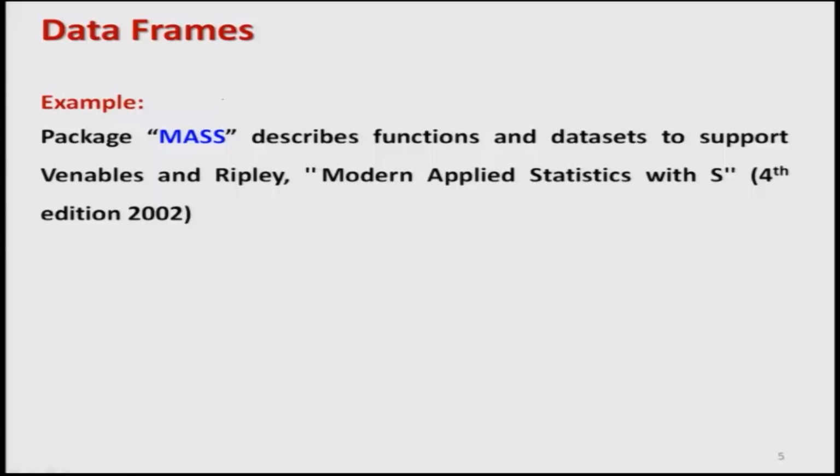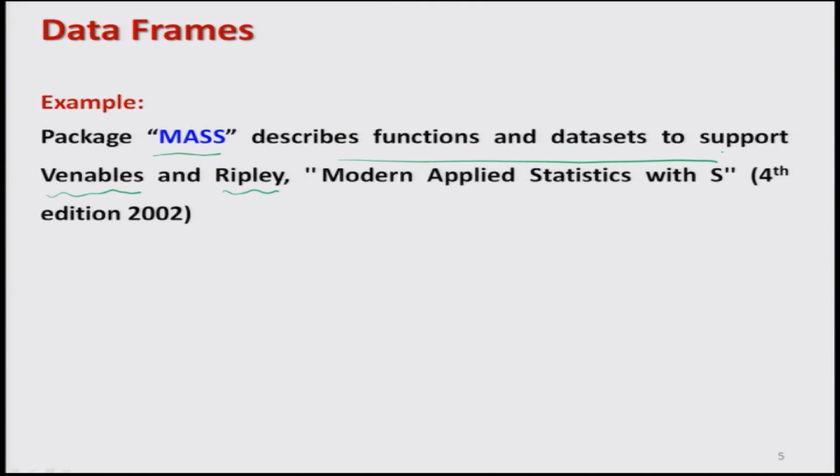This package is called MASS, capital M, capital A, capital S, capital S. Actually this package contains the functions and data sets which were used in a book written by Professors Venables and Ripley, and the title of the book is Modern Applied Statistics with S, in its 4th edition published in 2002.